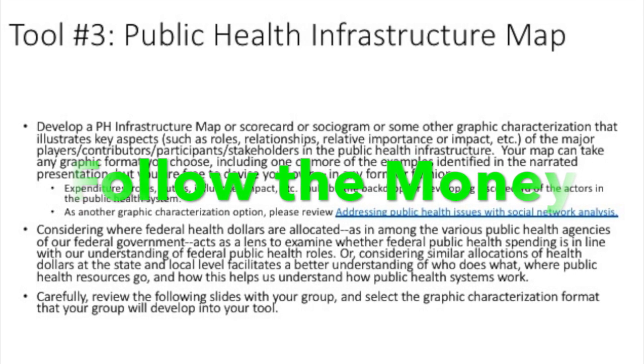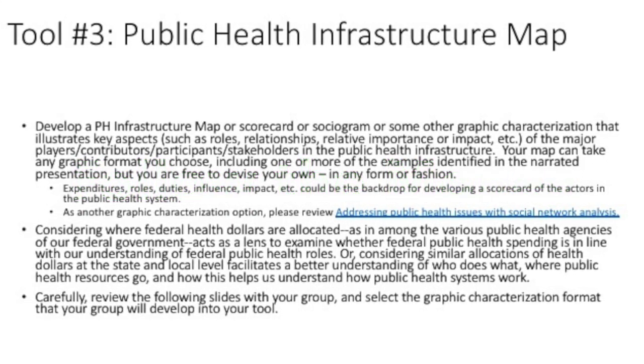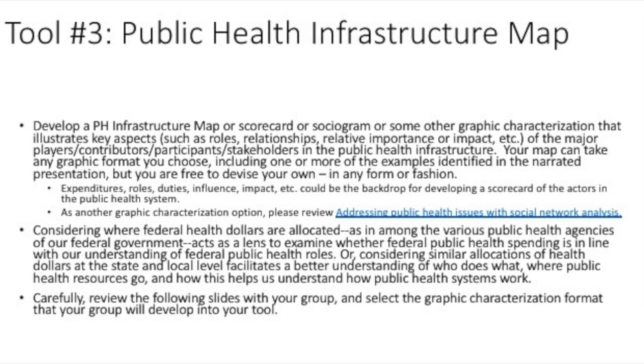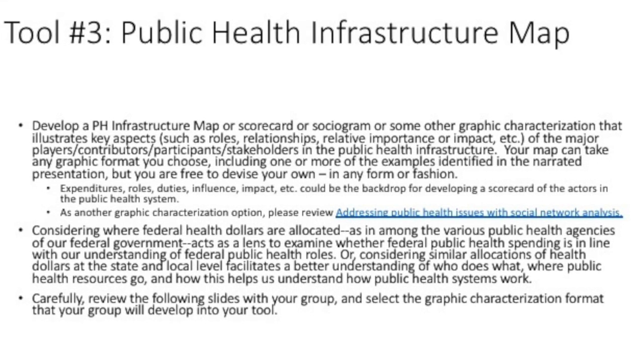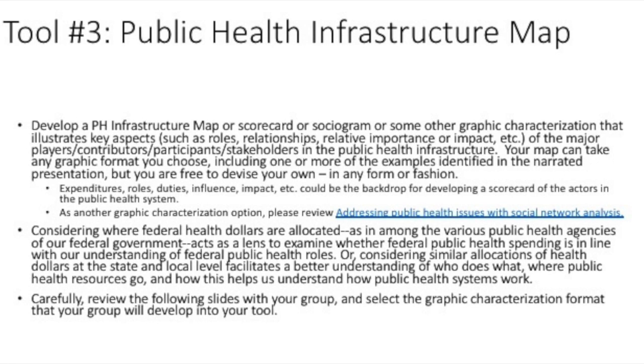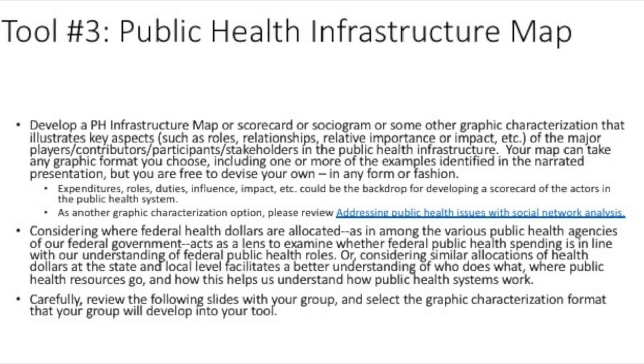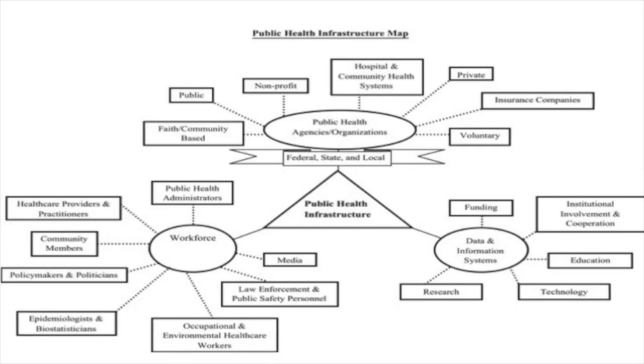This facilitates a better understanding of who does what, where public health resources go, and how public health systems work. This graphical depiction is also a great way for you to look at a systems perspective of public health. Identify all the players and the relationships between the different players. Review the following slides with your group as you're working on your toolkit.